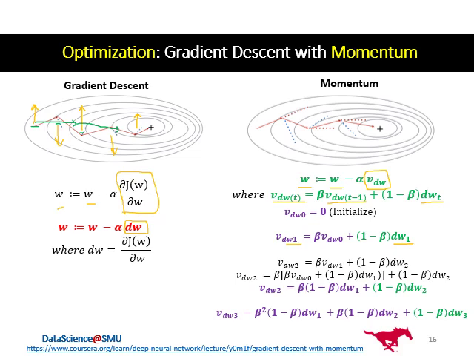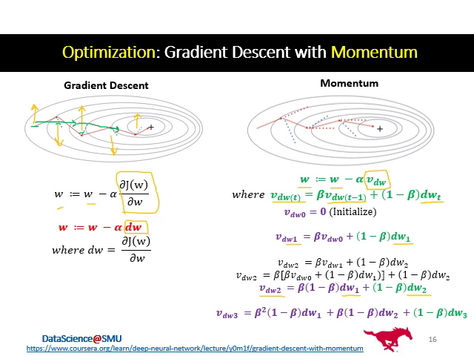Now we continue doing this process for the second iteration. We get VdW2 is a factor of the gradient at the previous iteration plus a factor of the gradient at the current iteration. So now this starts making a little more sense, right? So the velocity is a combination of the gradient at previous steps as well as the gradient at the current step. Of course, both are weighted differently, but we'll come to that in the next slide.